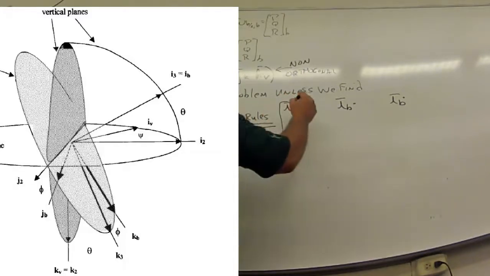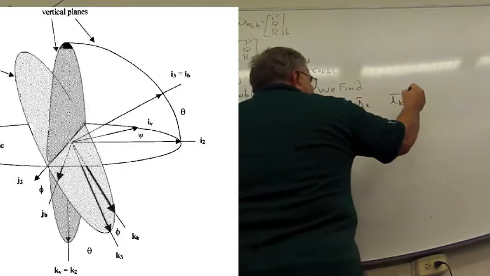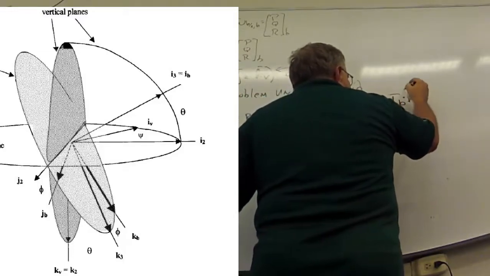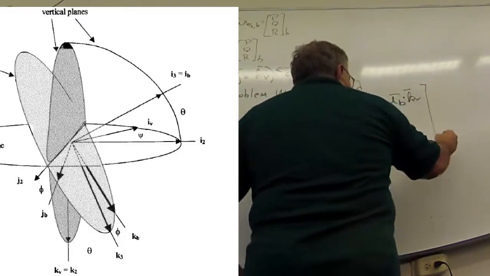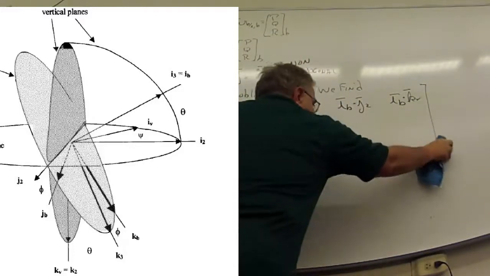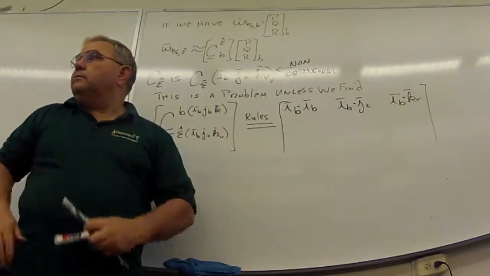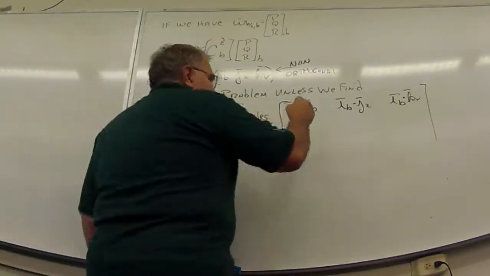So our old vectors are IB and J2 and KB. And now we carry out the mathematics of that projection. What is IB dotted with IB? 1. Project the vector on itself, yeah?